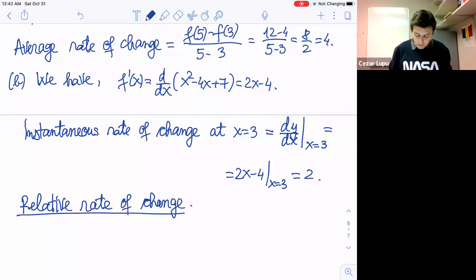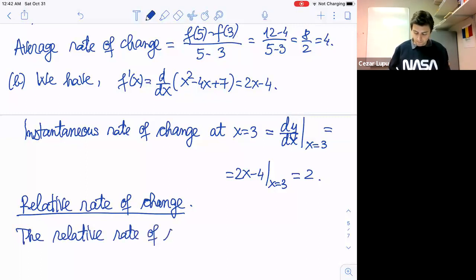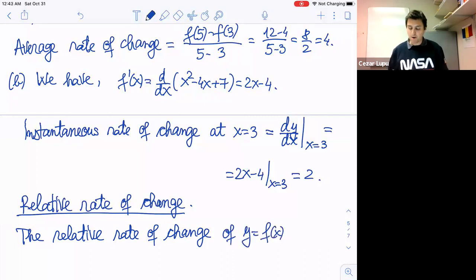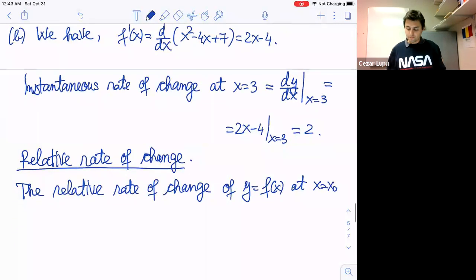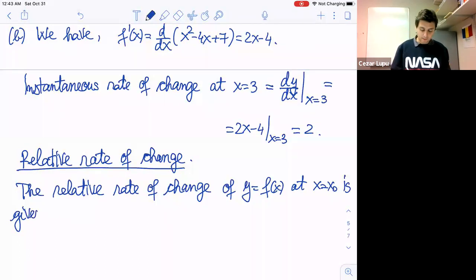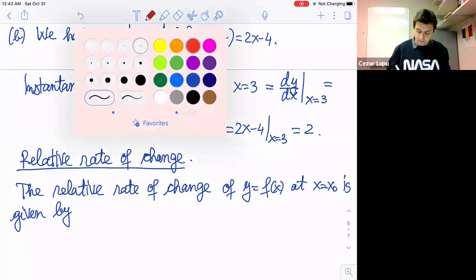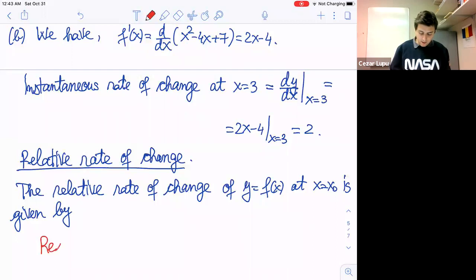Okay, so the relative rate of change of y equals f of x, right, at the point x equals x naught, is given by, so let's write it. Okay, I'm going to write it with red again. So relative rate of change.